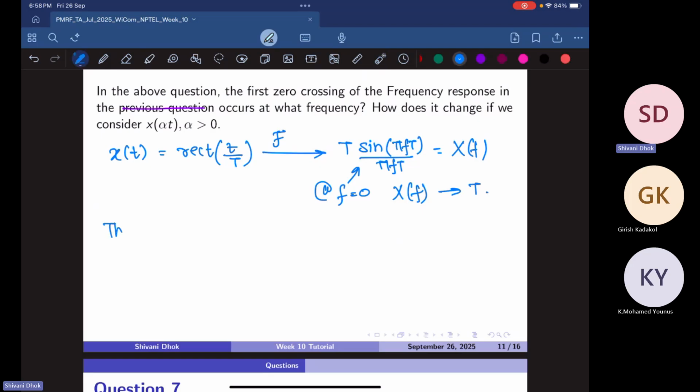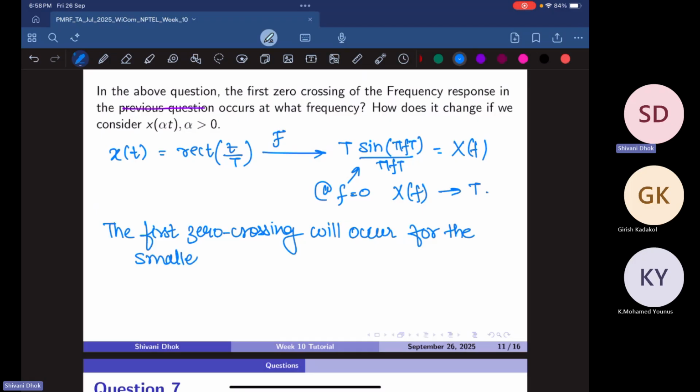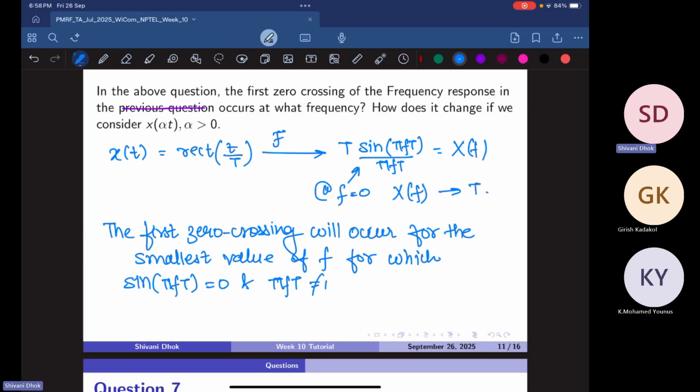The first zero crossing will occur for the smallest value of f for which sine of pi f T is 0 and pi f T is not equal to 0.